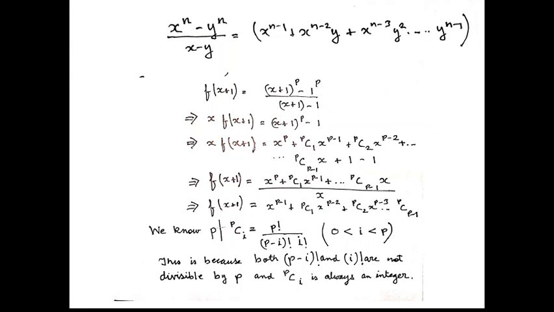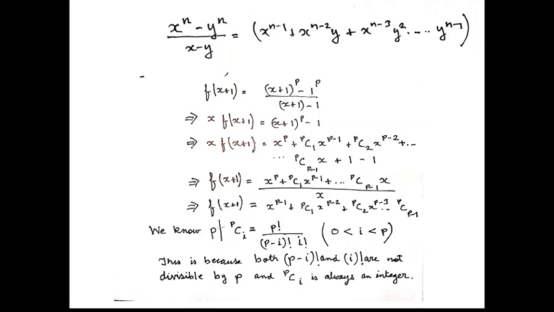This 1 and 1 cancel out. We divide the whole polynomial by x, and we get f(x+1) to be x^(p-1) + pC1 x^(p-2) + pC2 x^(p-3) up to pC(p-1).